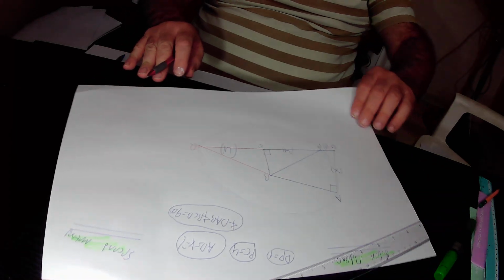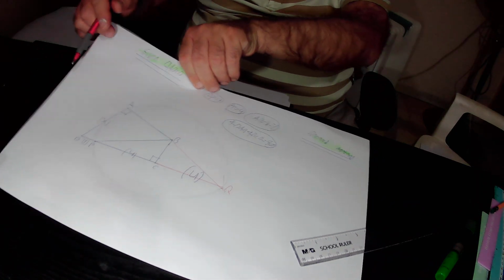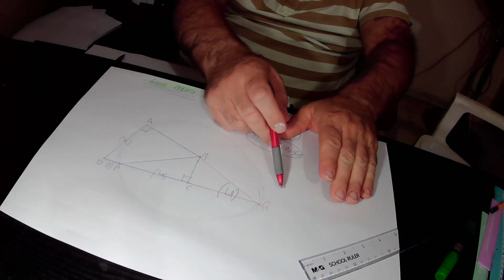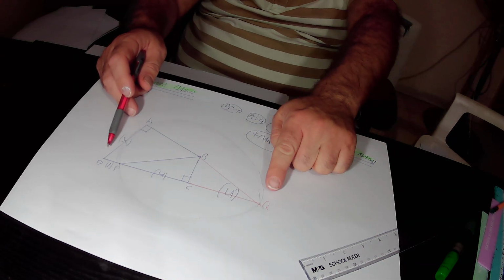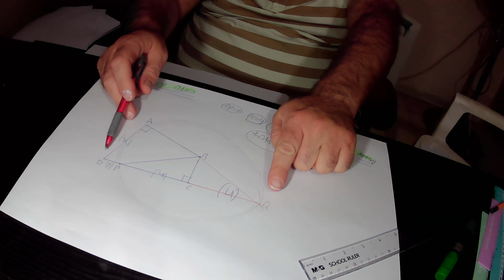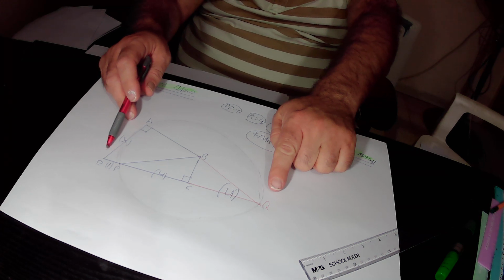So we extended the straight line DC by a straight line. When we extend a straight line by a straight line, the result DQ must also be a straight line. Okay? DQ is a straight line, and according to rule 3, the sum of the angles on one side of a straight line is equal to 180 degrees.